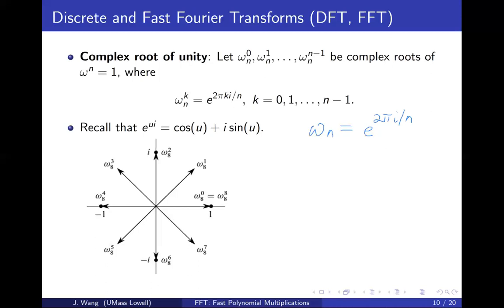Then omega n to the k's power is equal to e to the 2 pi k i over n.